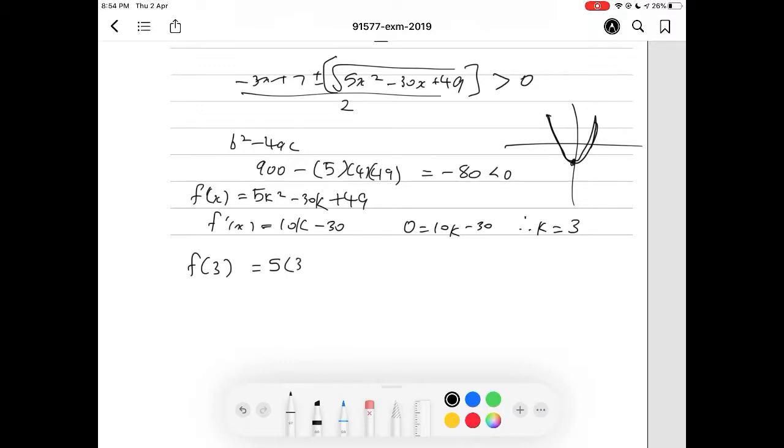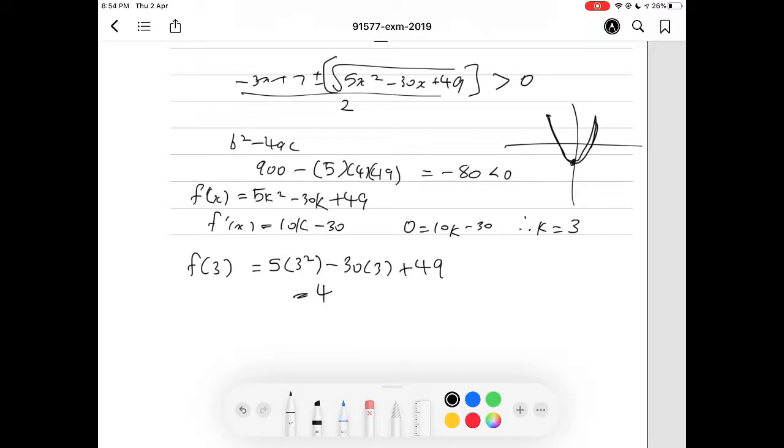So if we say f of 3 equals 5 times 3 squared minus 30 times 3 plus 49. Okay, so 3 squared times 5 minus 90 plus 49. That gives us 4.